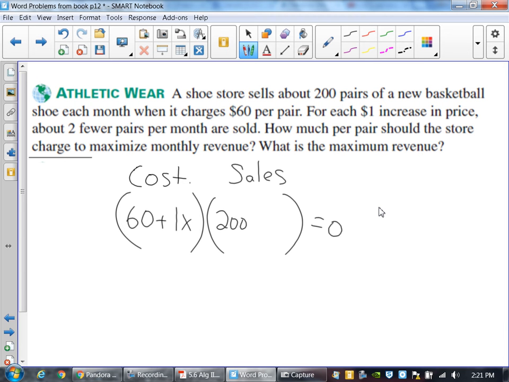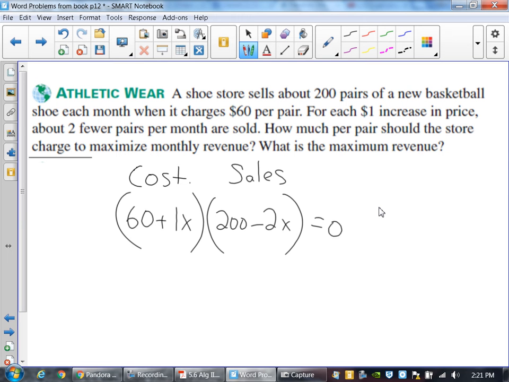How much in sales do I lose? 2. So it would be minus 2x. Because for every $1 increase, $2 drop. So if I'm selling it for $64, that means I went up 4 on 1, which means my sales would drop by how much? 8. Excellent. Everybody see how that works?